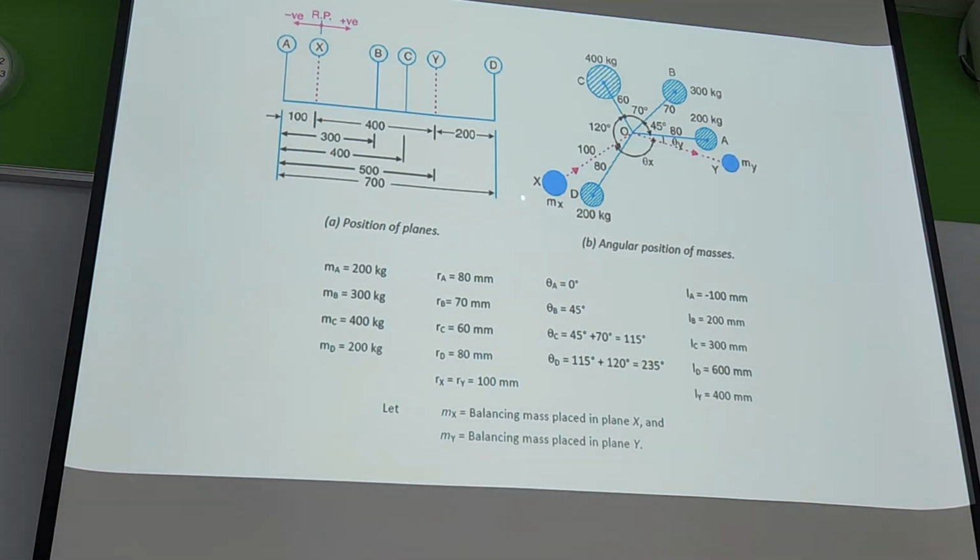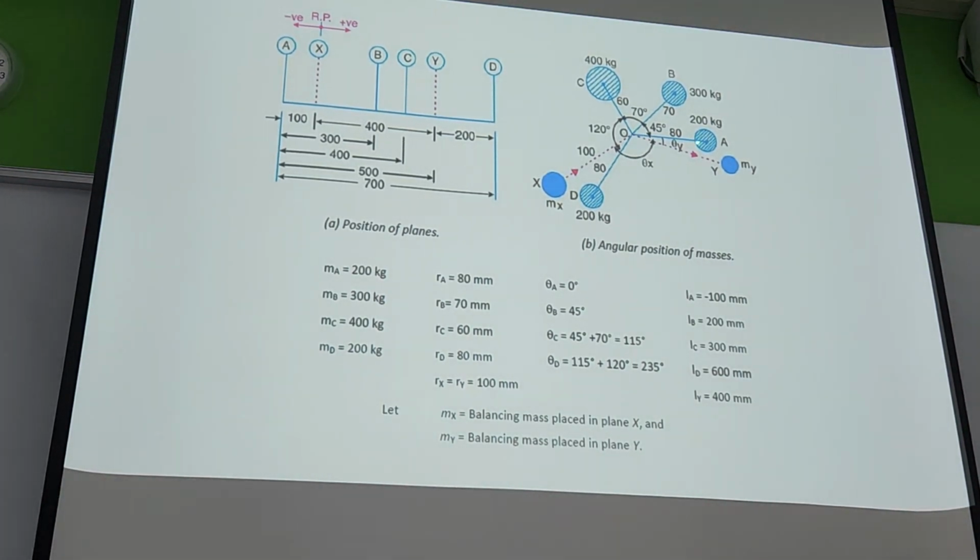Okay, the orientations are also given in angular positions. A, B, C, D are the masses. The blue circles indicate the correction planes, X and Y. As you see, the angle between A and B is 45 degrees, then the angle between B and C is 70 degrees, and so on, as described here.